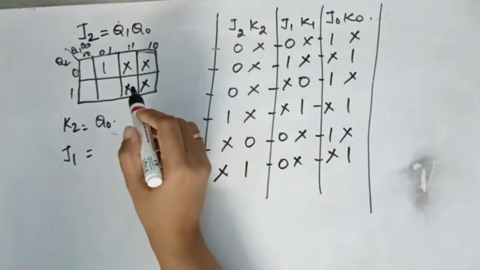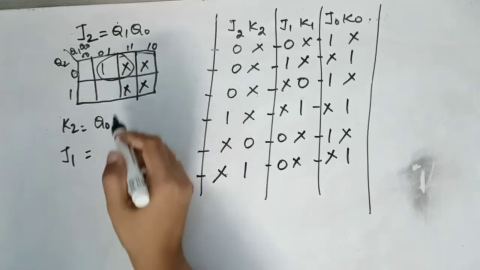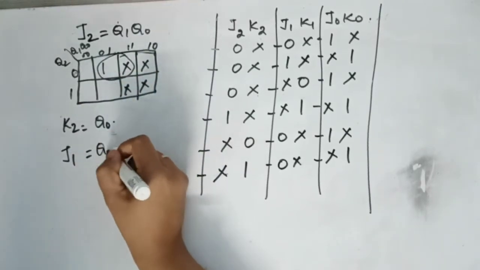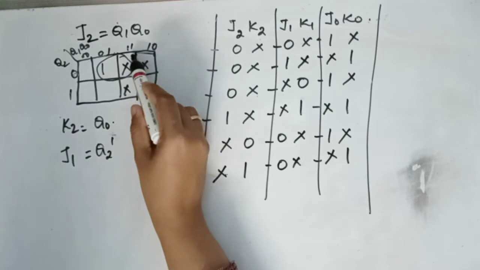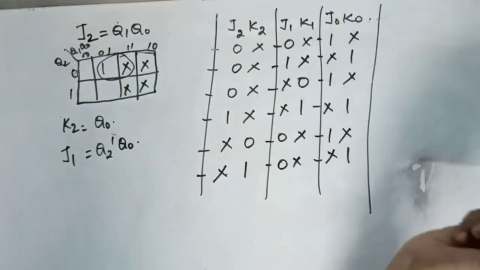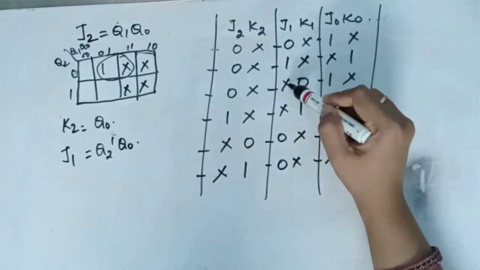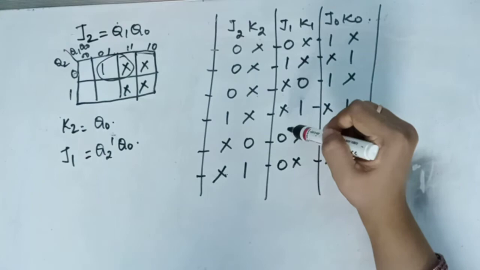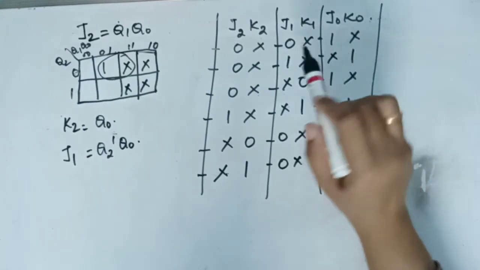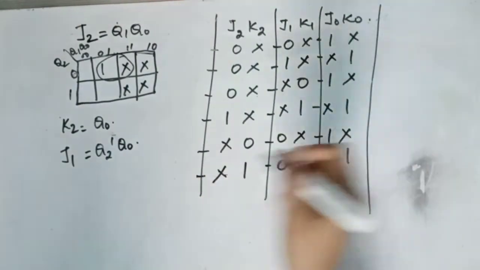Okay, so here it is like this. So J1 is Q2 bar Q0. Correct? J1 0 1 2 3, 4 5 is not there, 6 7. Okay. Next is K1.